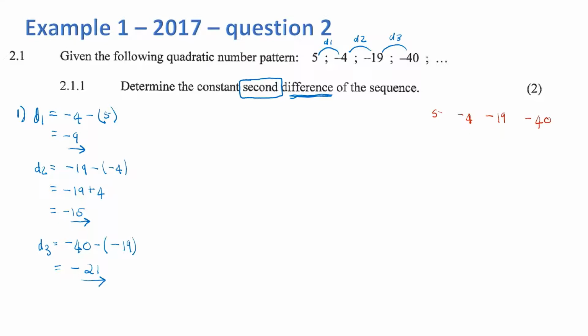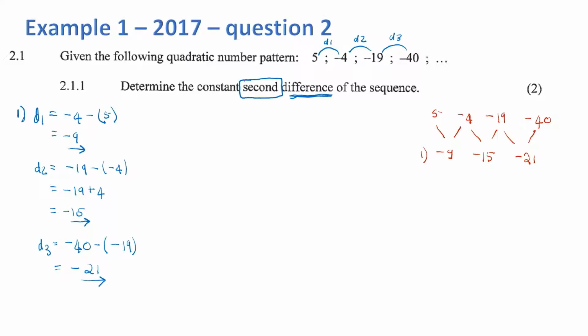And the first level down, we have minus 9. This is the first level. That's minus 15. And that's minus 21.